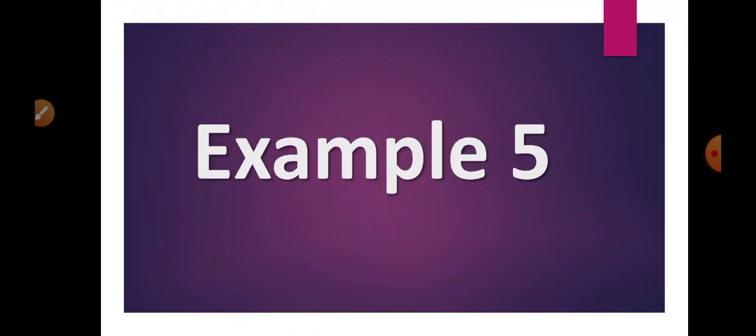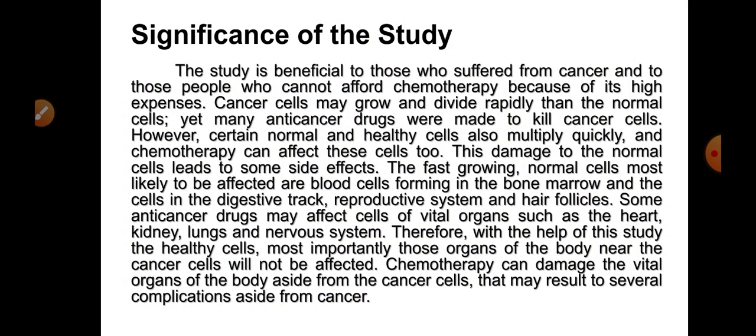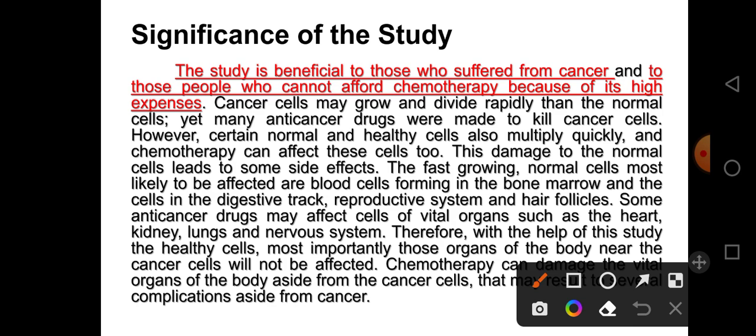Let us proceed to the last guideline. We have here the fifth example: the study is beneficial to those who suffered from cancer, to those people who cannot afford chemotherapy because of its high expenses. Let's notice the enumeration of such words. What can you infer in this example, class?